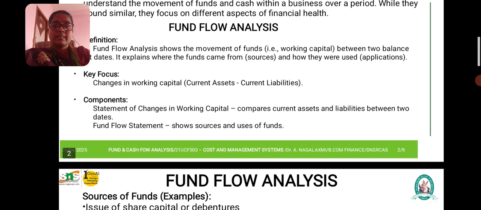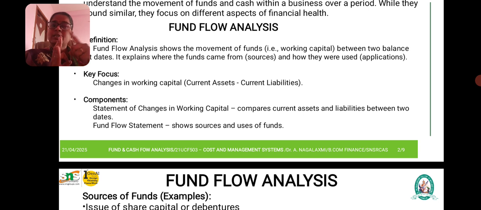The components: first, the statement of changes in working capital, comparing current assets and liabilities between two dates. What is the stock of the previous year and the current year? What is the value of the bills receivable in the previous year and the current year?